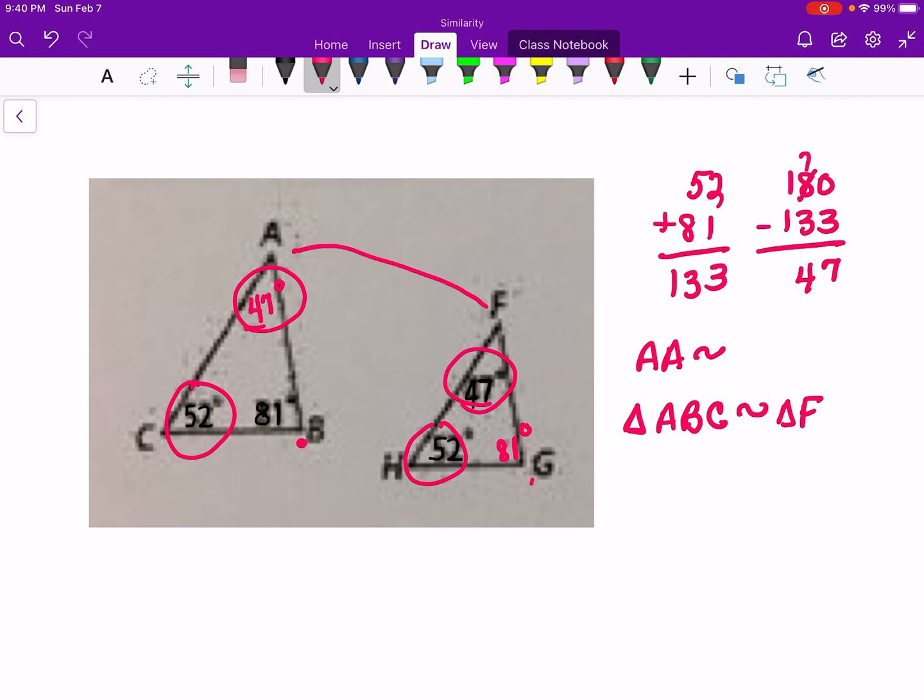B is 81, so that matches with G, which is also 81. And C is 52, and H is 52. So triangle ABC is similar to triangle FGH. And we can't tell what the similarity ratio is because we don't know anything about the lengths of the sides. So that would be something that we cannot answer, interestingly enough.